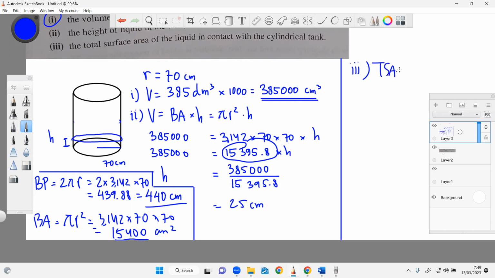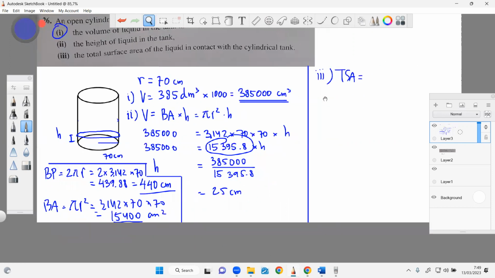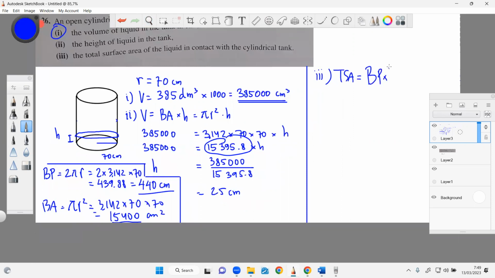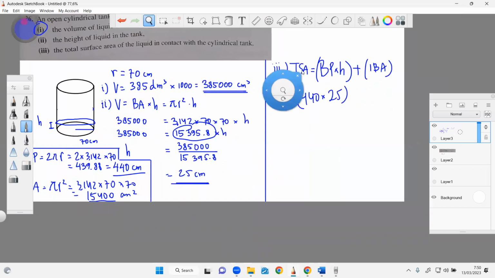Then the total surface area in contact with water is BP times height plus how many base areas in contact with water? 1 or 2? Or 0? Wow, 1 on the bottom, right? 1 BA. So write down BP 440 times the height, which is 25, plus BA 15,400 equals something.